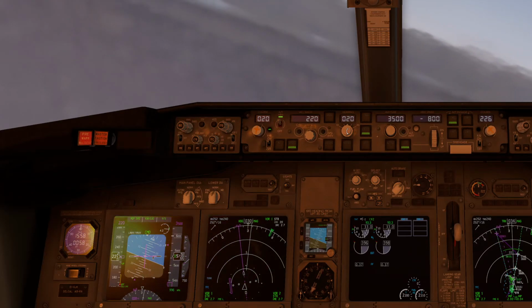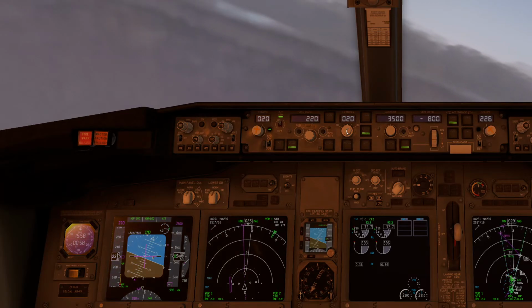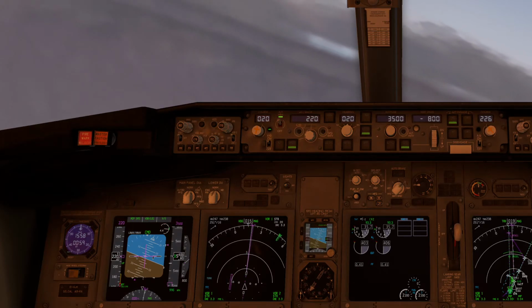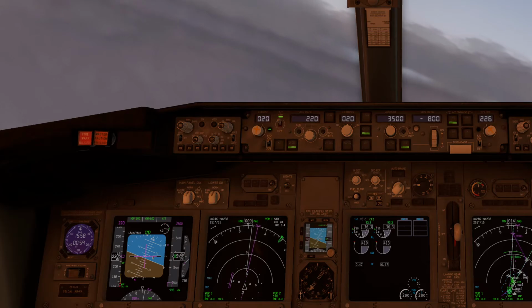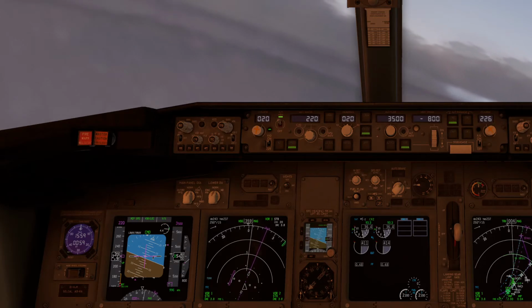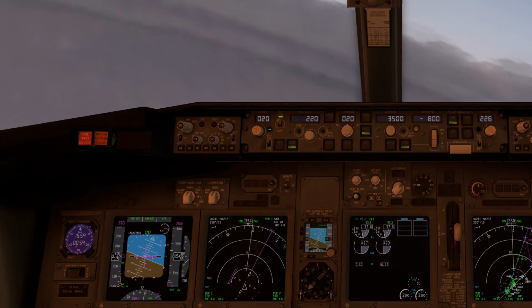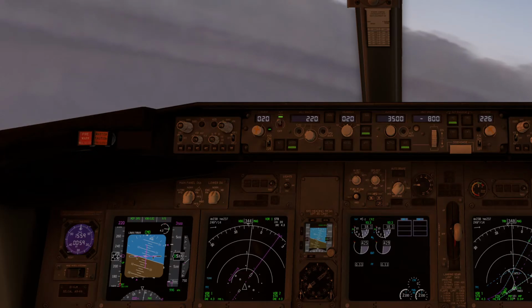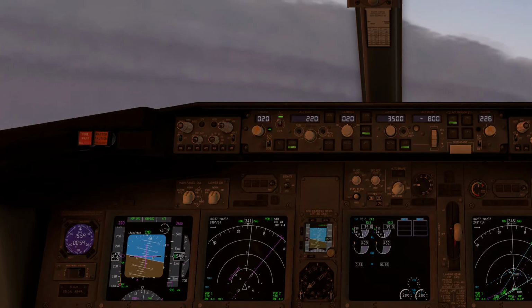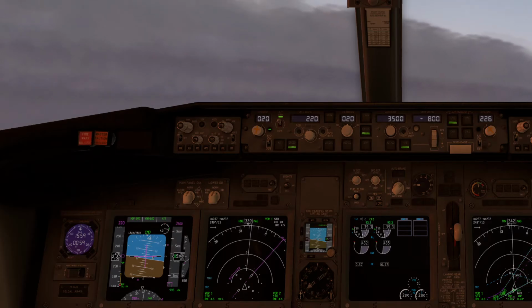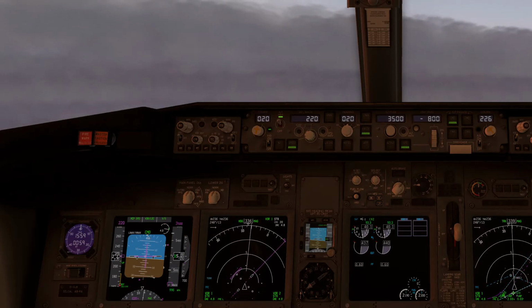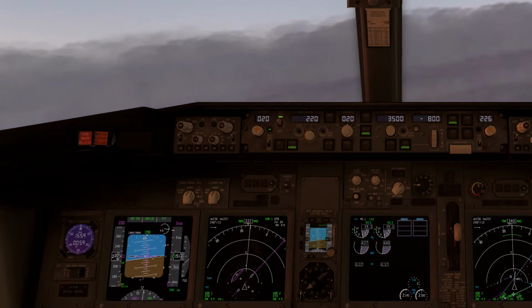Be a little more to the left than 020. 3 nautical miles from Strasbourg, passing 5,800 feet for 3,500 feet. Degrees angle, that's crazy.